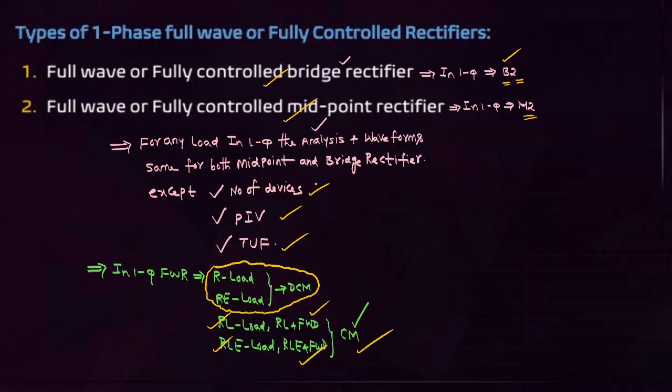Unless otherwise specified, you have to take like this only. R load, RE load always discontinuous mode. RL load, RL and freewheeling diode, RLE load, RLE and freewheeling diode, continuous mode of operation. If they give discontinuous mode, then only you take discontinuous mode. If it is not specified for these loads, you have to take the continuous mode only.